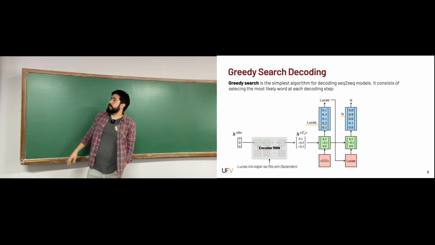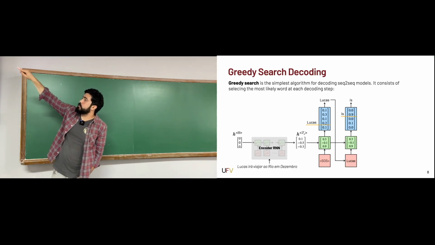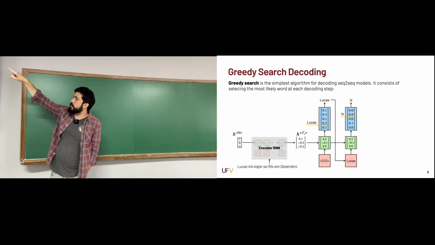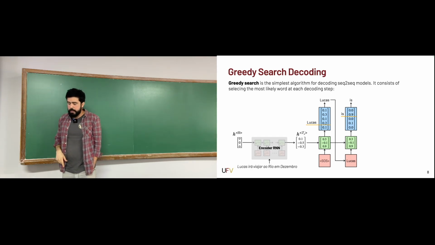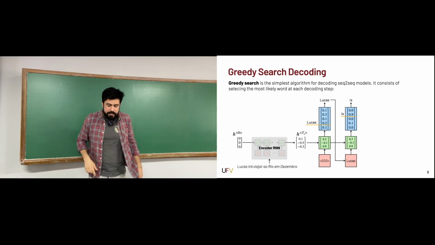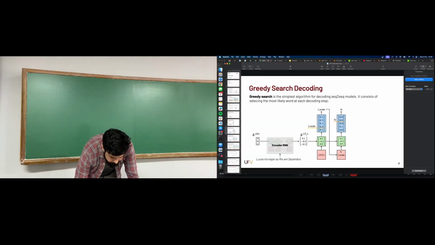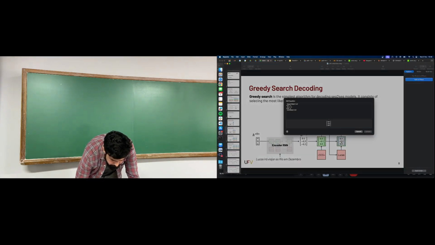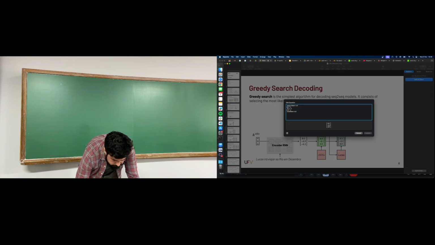And then what we do is we send that word that we sampled, Lucas, as input to our next step. We update the hidden state, so these numbers should be slightly different, right? I'm going to just guess a bunch of numbers here, minus 1.0, 0.3, and then 0.2.